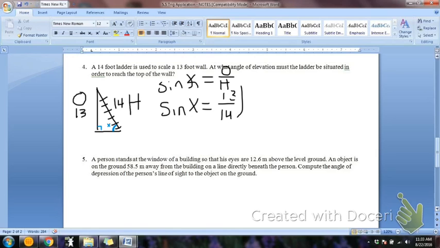But if we want to get rid of that sine, right? Inverse. Excellent. We want to get rid of sine, we need to do inverse. So you're looking, where's your variable? It's here, right?